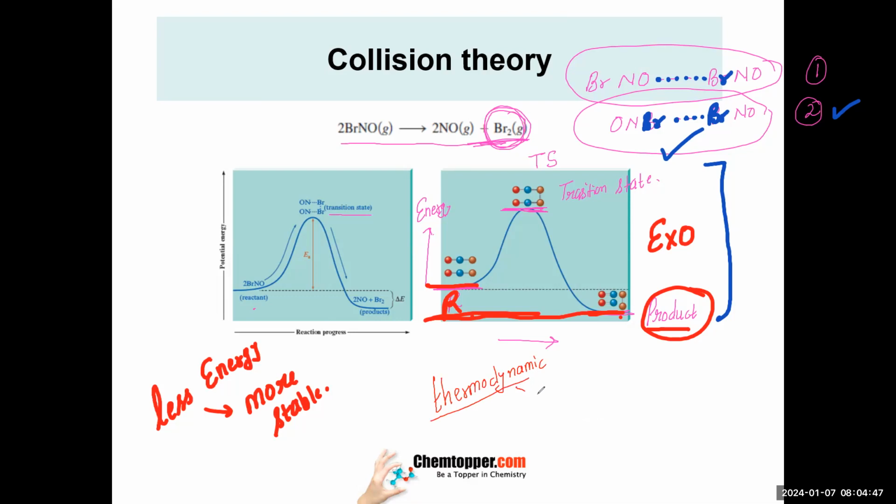So thermodynamic is talking about the energies of the reactants and products, not the activation energy right now. Energies of products or reactants. That's the one which is going to decide the stability, which one is more stable.